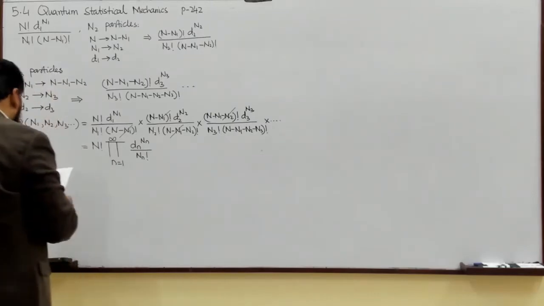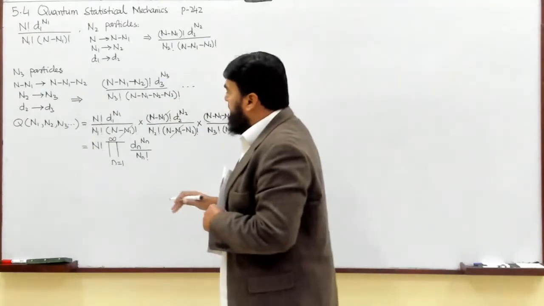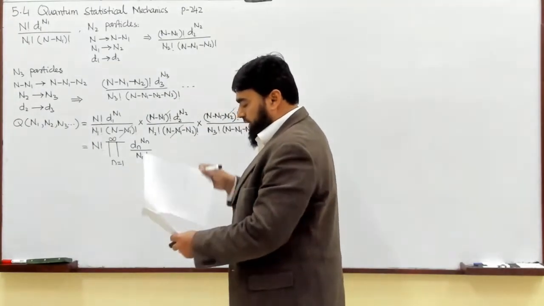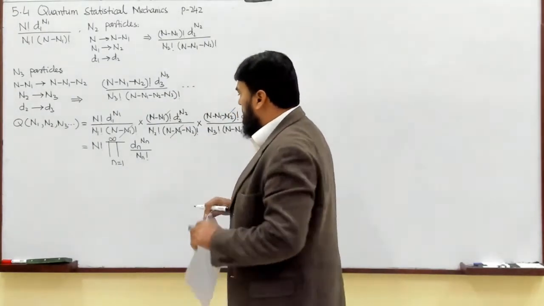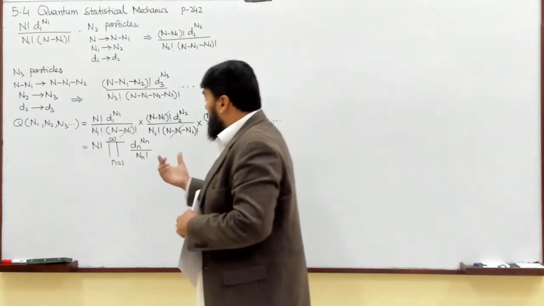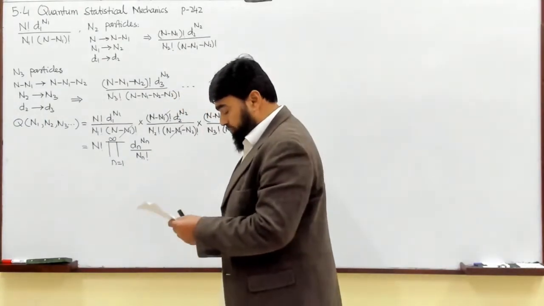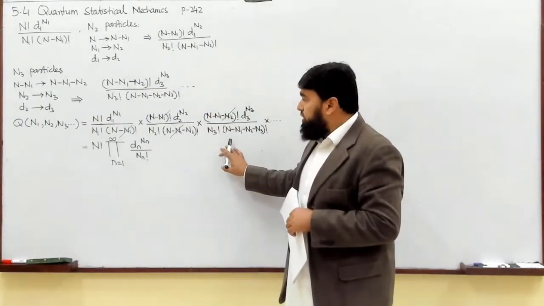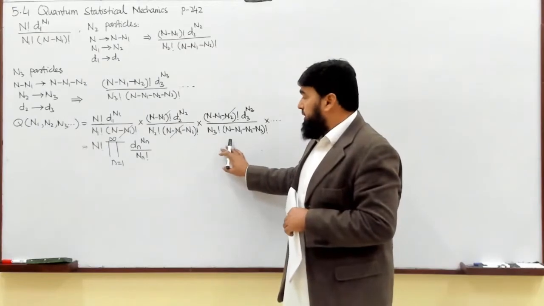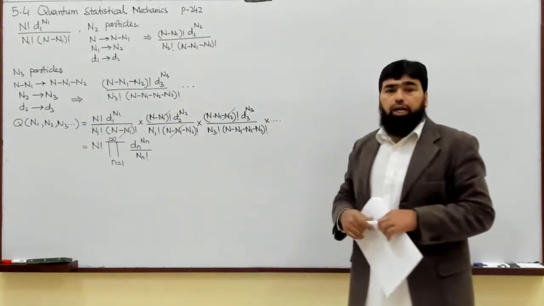So this will give us the total number of ways in which we can distribute our particles, in which we can arrange our particles. Now this is of course not easy to understand unless we consider an example.